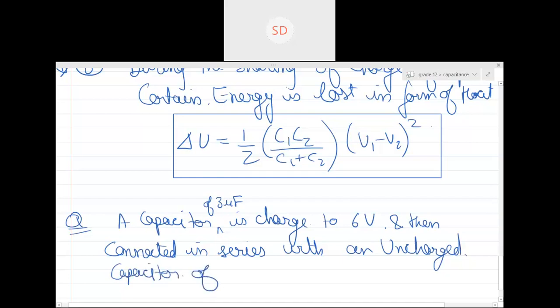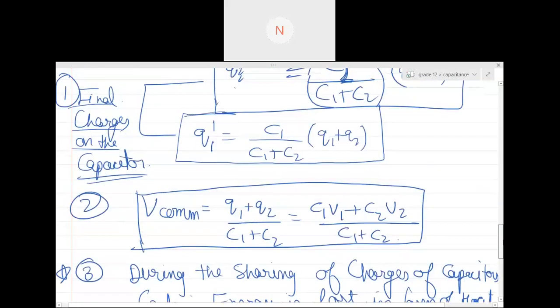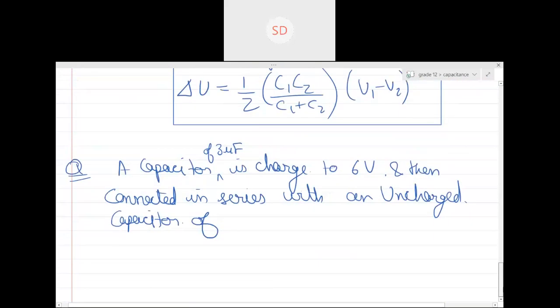All of these questions are for similar polarity, okay? Similar polarity first, and then I'll tell you how to deal with opposite polarity. A capacitor of 3 microfarad charged to 6 volts and then connected to an uncharged capacitor of 2 microfarad in series.